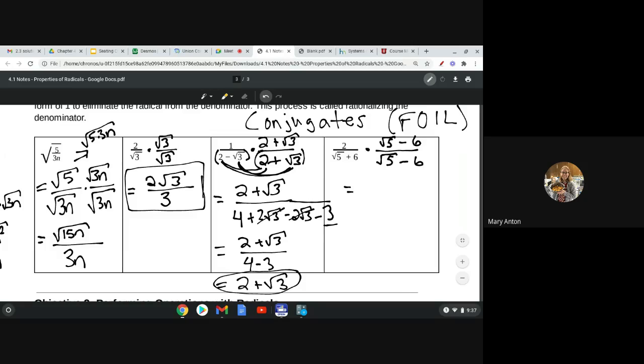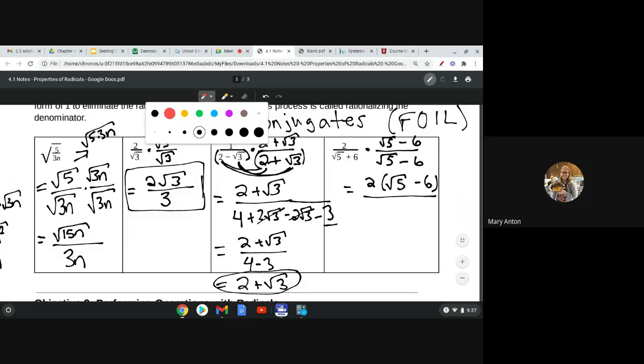All right, numerator. I'm going to say this is 2 times, don't forget parentheses on this one, the square root of 5 minus 6. And then we'll FOIL to find the denominator. So, what's root 5 times root 5?